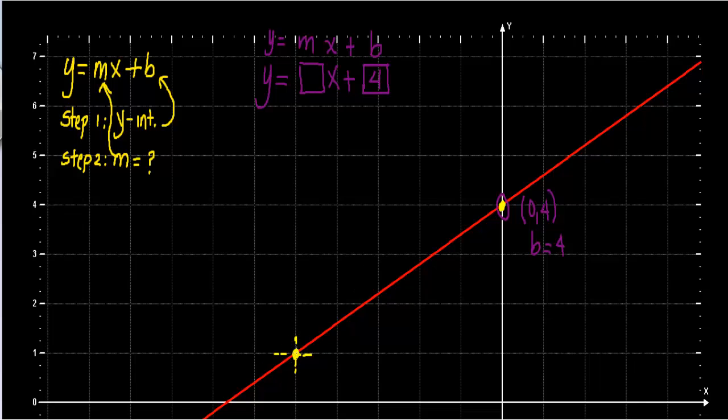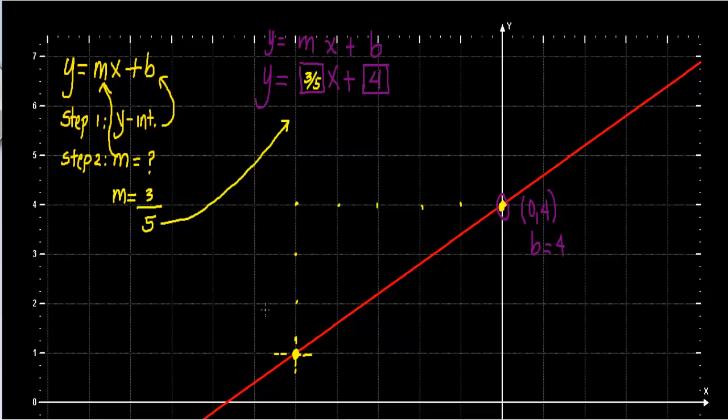So to get from this point to this point, I would have to rise 1, 2, 3. So already for my slope, I know my rise is 3, and then I would have to run 1, 2, 3, 4, 5. I ran 5. So there's my slope, and that's the number that's going to go into that spot.